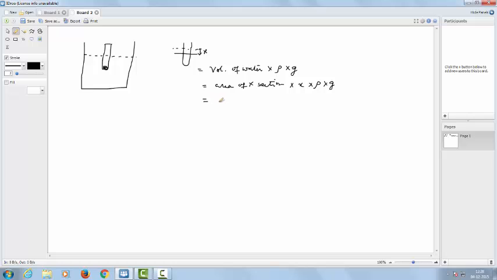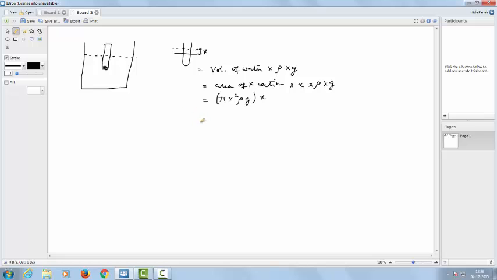So this we write as pi r square, where r is the radius of the test tube, into rho, into g, into x. So this is the force of buoyancy.